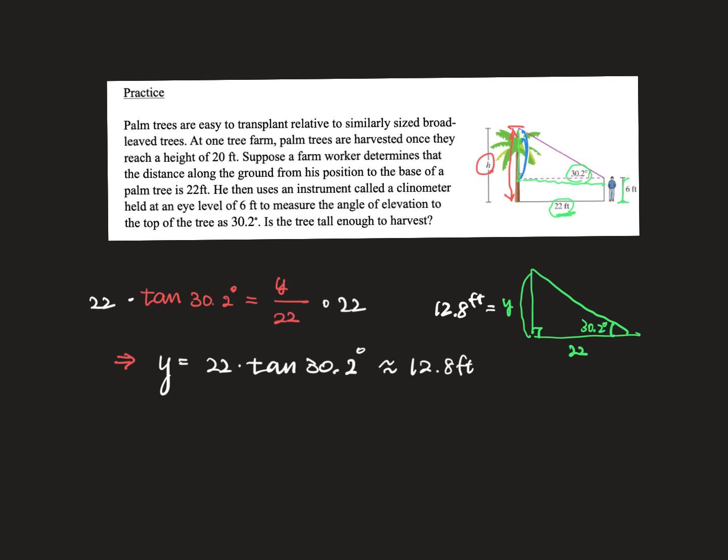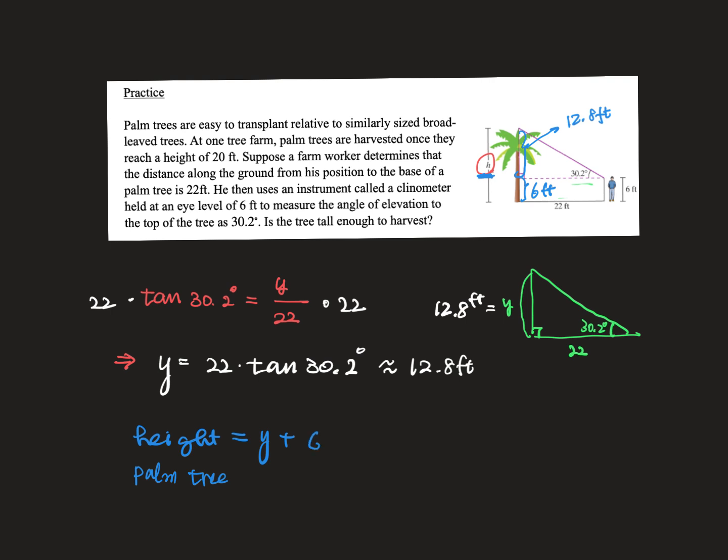Now we want to talk about height. Height is going to be y plus, let's just clarify. We want to find the h. You found y, which is 12.8 feet. This one is the height of the person, 6 feet. So what is the height of the palm tree? y plus the height of the human.